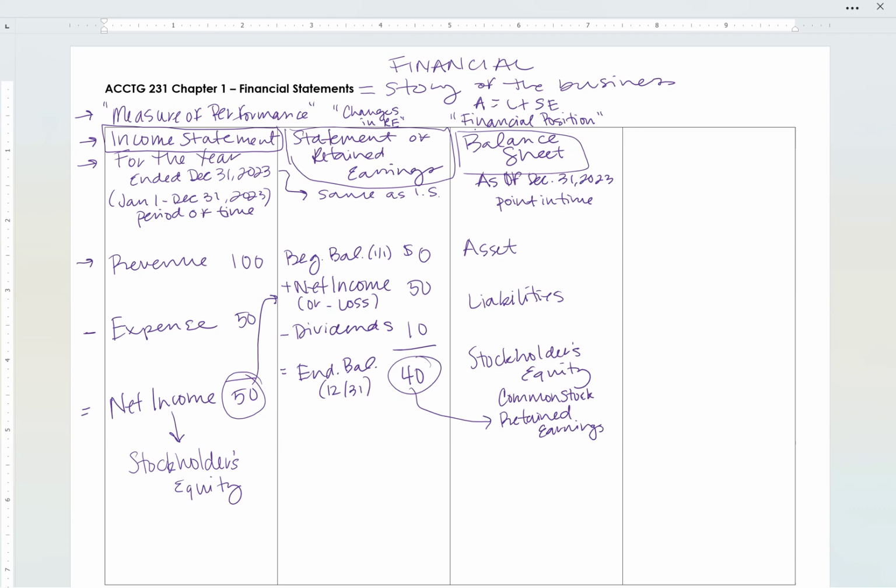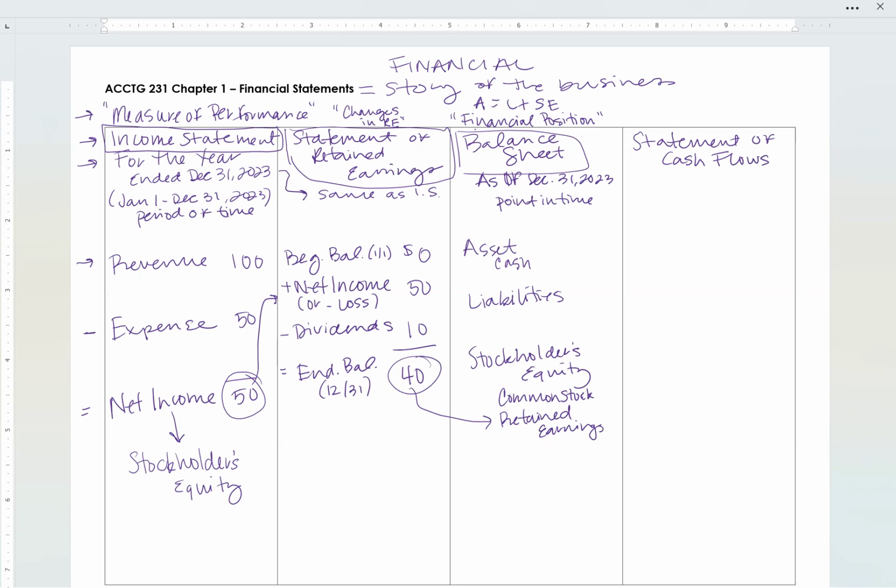Now, our last statement is one that at the end of the day, you might wonder, well, how does cash fit into this? Well, we know cash is an asset, and we have a very special statement called the statement of cash flows. Because what we're learning is this thing called accrual basis accounting.